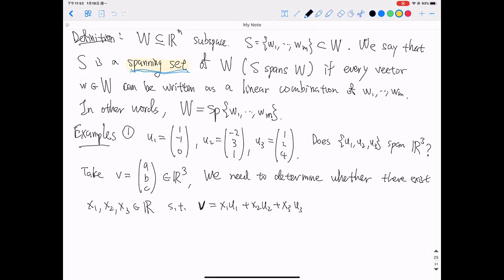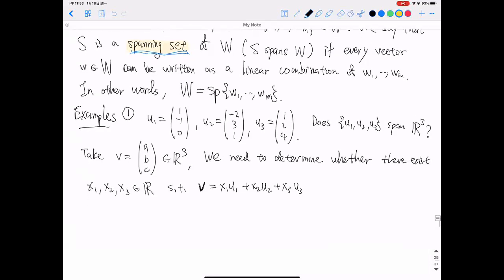In other words, we need to determine whether v is a linear combination of the u's, and the coefficients x1 through x3 are considered unknown now. Now this is a linear system with x1, x2, x3 as unknowns.